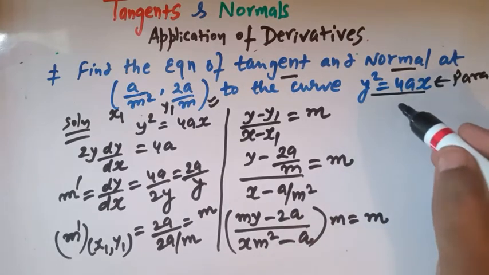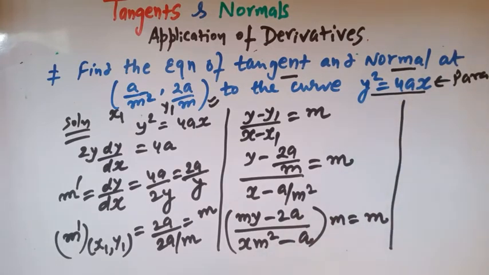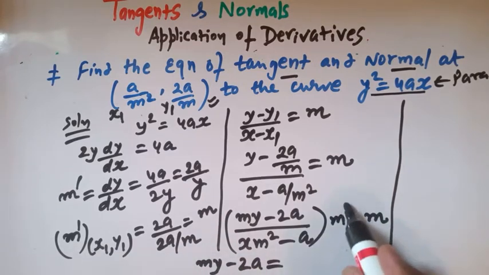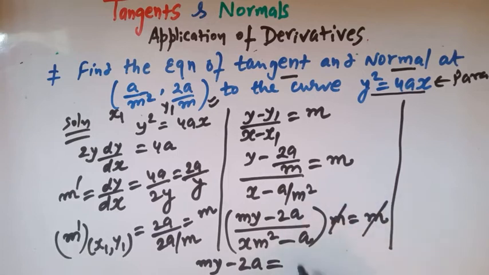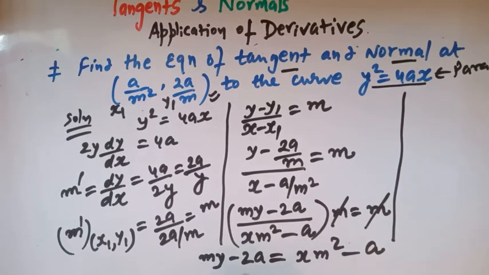Clear? Now we'll simplify it, and here I am writing my minus 2a is equal to, this m and this m get cancelled, and we have xm square minus a. Clear? Now we'll rearrange it.